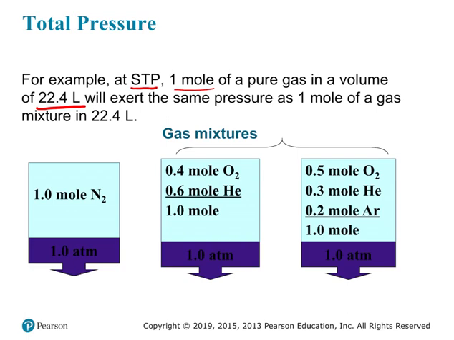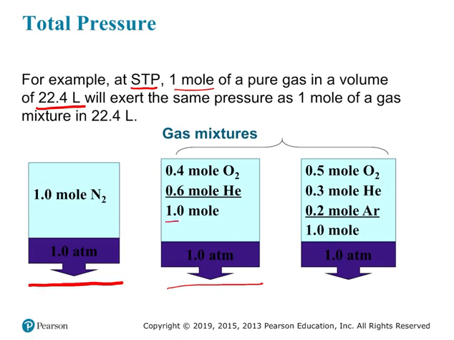Down below, we can see that in the first container, we have 1 mole of just nitrogen. Now, what if we have a mixture of oxygen and helium? Let's say that we have 0.4 moles of oxygen and 0.6 moles of helium.